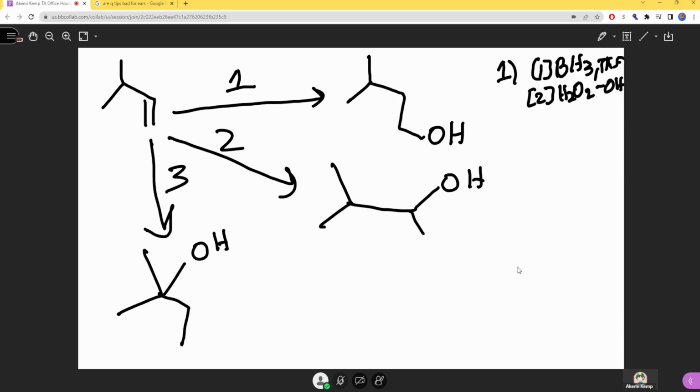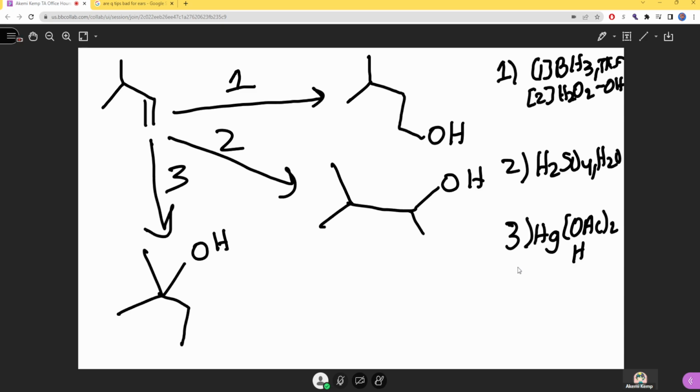So that was 1. The second reagent is H2SO4 and water. And the third reagent available is Hg(OAc)2, H2O.